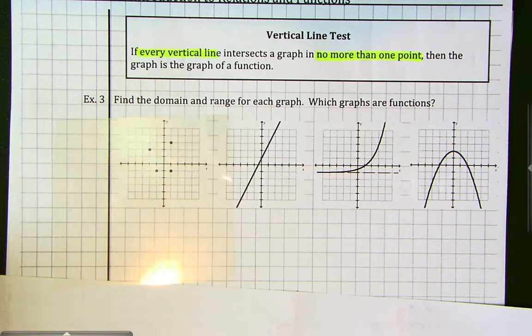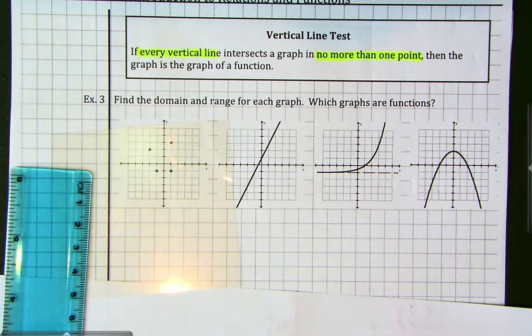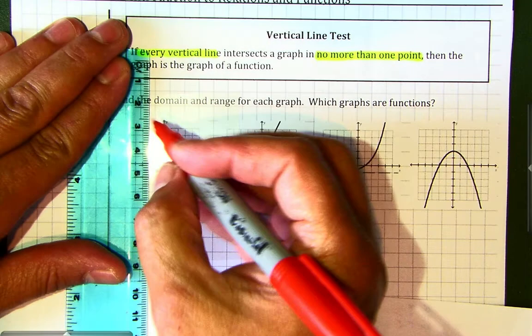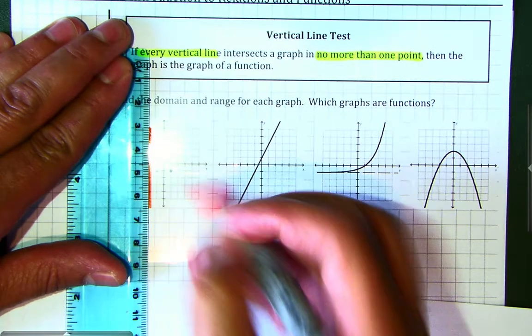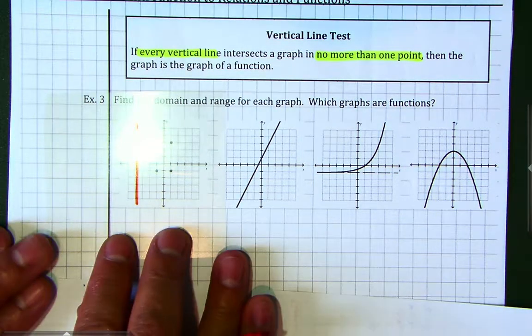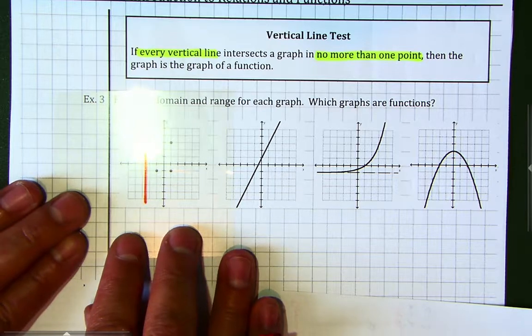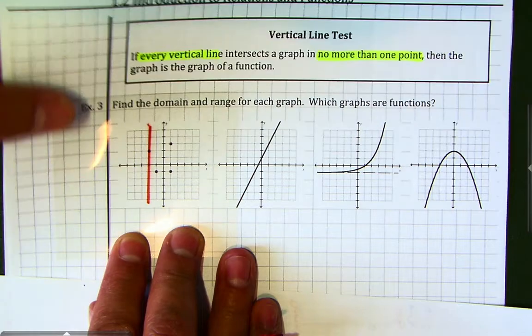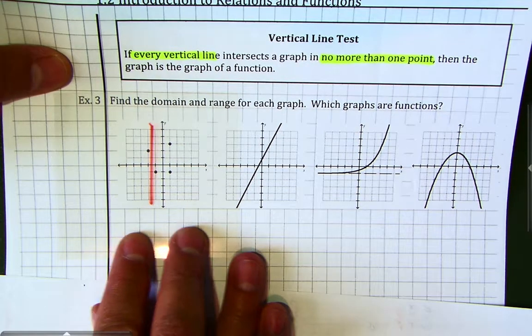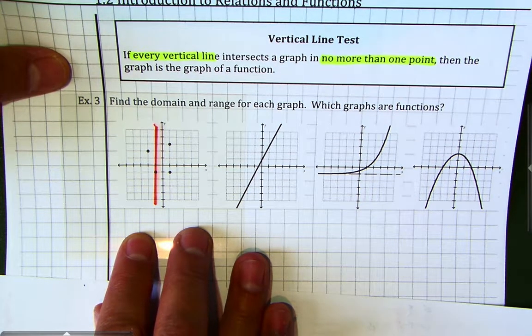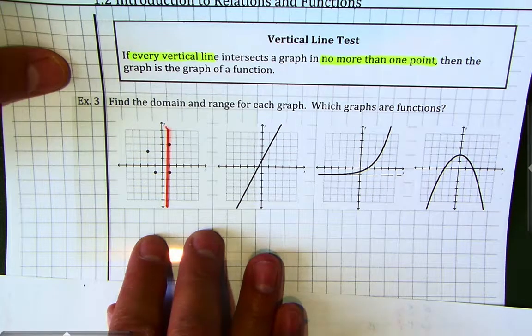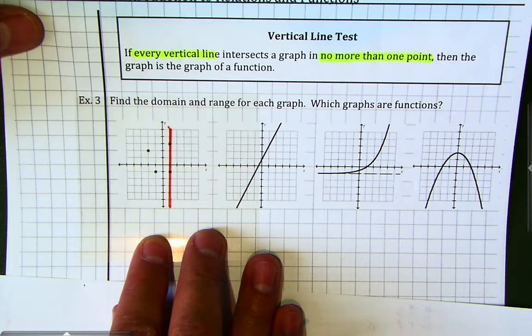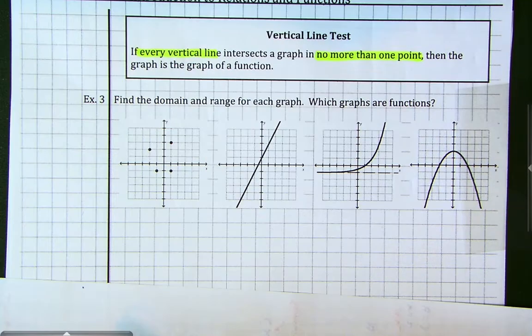If you make a vertical line, how many times does it intersect? Once. How many times does it intersect? Once. But in here, it intersects twice. So therefore, this first letter A is not a function.